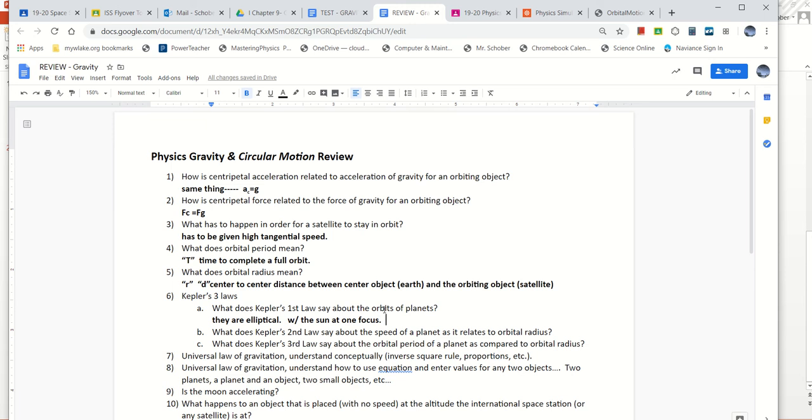An ellipse is not a circle, but objects can be a perfect circle. It's rare. There's always a little bit of ellipticalness there. And the term we use as a measurement for how elliptical something is, we call that eccentricity.